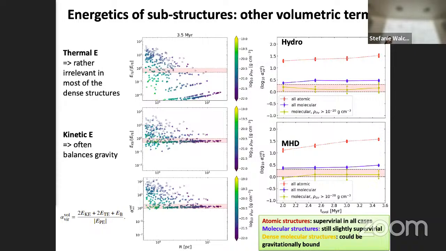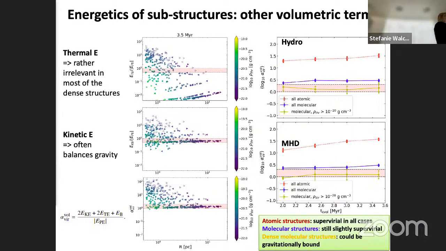Eventually these will undergo gravitational collapse, which is fine. But most of the cloud mass is actually not gravitationally bound. Do you know what I mean? But at high densities, there seems to be all gravitationally bound. Yeah, but it's okay. This part is what makes up this 10% mass fraction of gravitationally bound structures.